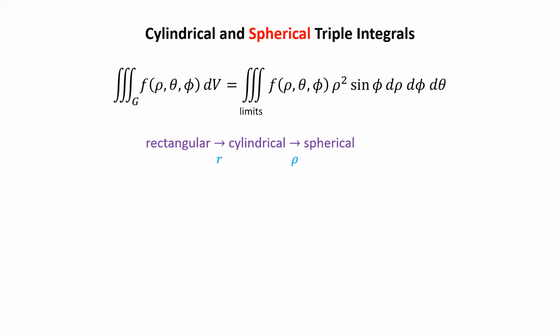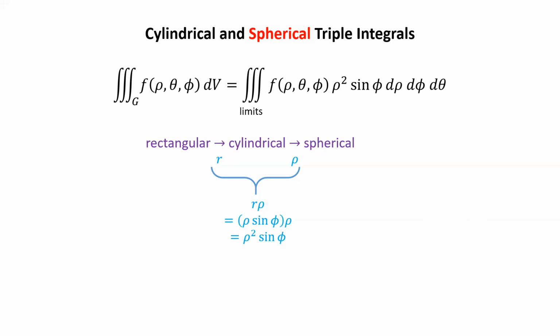So altogether, we have to throw in a factor of r times rho. Now, r is equal to rho sine phi. So rho sine phi times rho is rho squared sine phi. So hopefully this gives you an indication as to why we throw in that extra factor, and maybe it's not so mysterious if you think of it in these 2 steps.